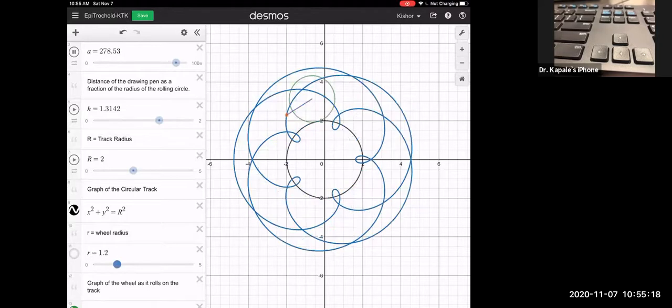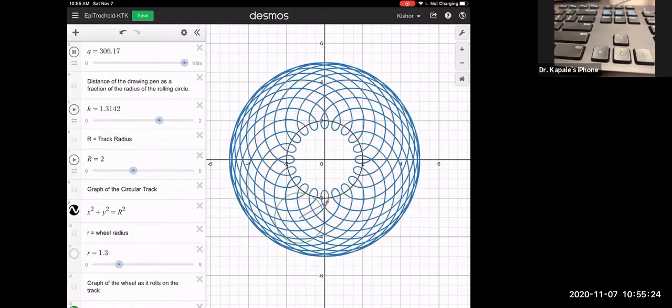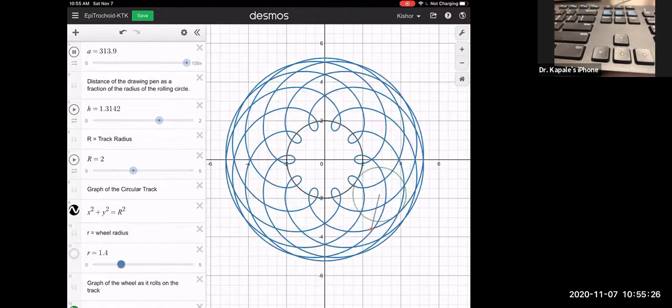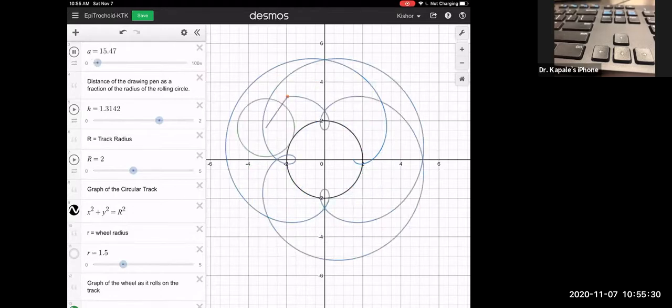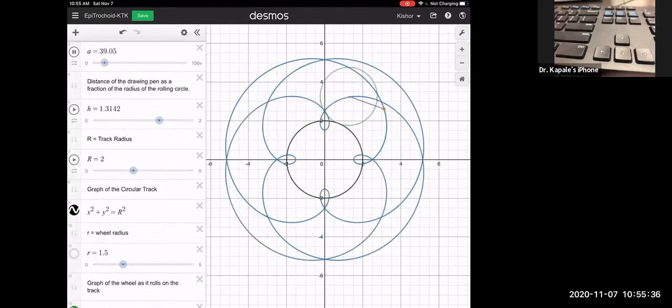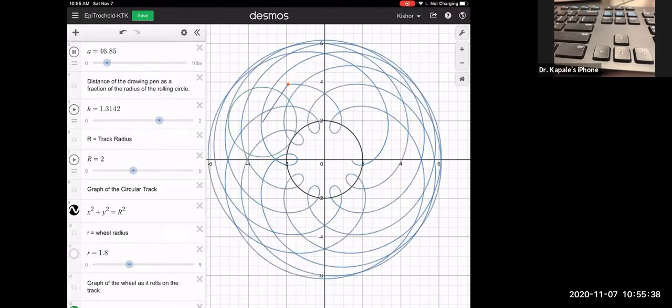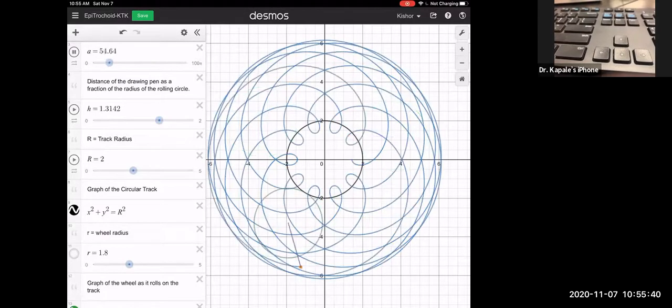I make it 1.2, and you can see it makes a slightly different curve. 1.3 is more interesting. 1.5, let's see what it's going to make. Okay, so it has more or less a 5-petaled kind of structure, and then you can move on. So you can play with these parameters and learn from them.